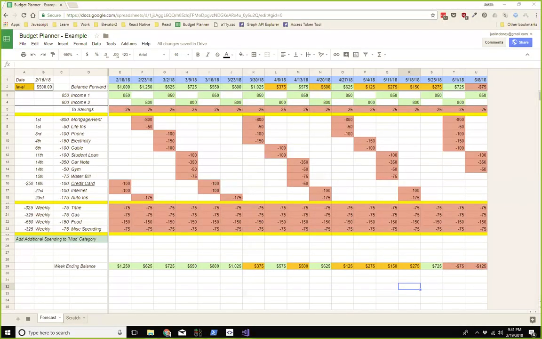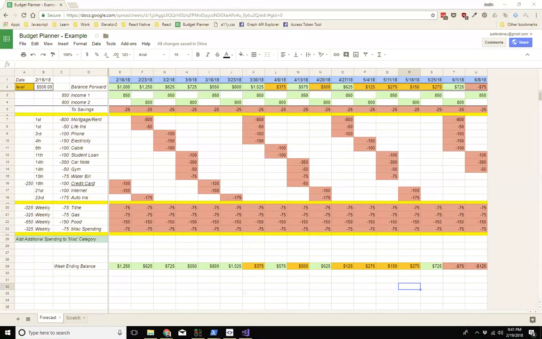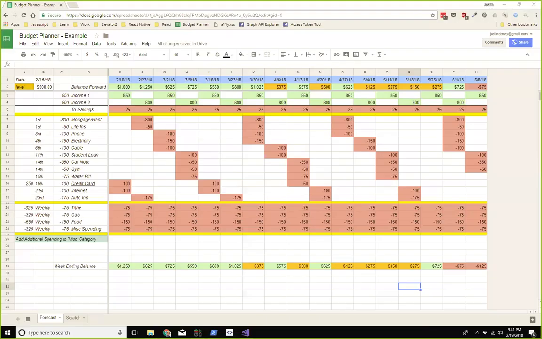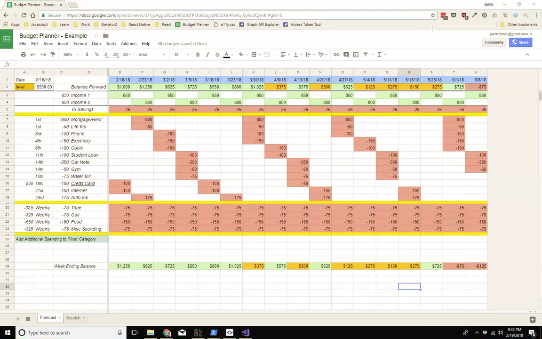Now that we've filled that out, let's go ahead and take note of some things. First, we see these yellow fields starting to pop up, such as here, here, here, here, here, here. Now you'll see that they're also at the top, but that's just where they roll over from the bottom.